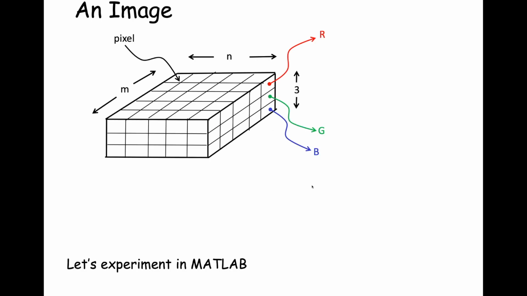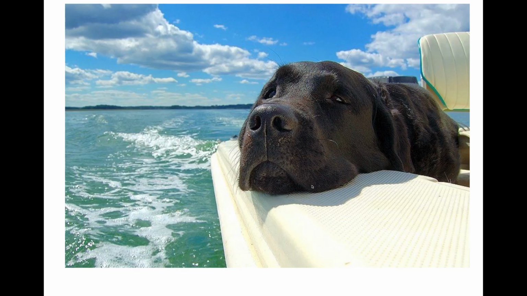We also went into the representation of an image in the so-called color space. We examined that in MATLAB, looking at the various slices and converting this to grayscale. So we got this following image. I called it A Dog's Life, a dog on a boat enjoying himself, just relaxing.